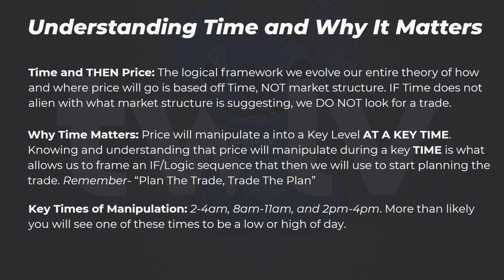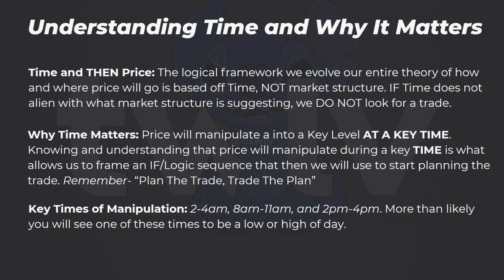And then if we get the CISD, the change in state of delivery from bearish to bullish, then we can anticipate price to continue higher if there's a clear drawn liquidity above us, or a clear target, a clear resistance, however you use the lingo in your strategy, whatever the target is. So at a key time, the market opens low into a PDA, a key level, and then heads higher. That's a key time in a key PDA to the draw.